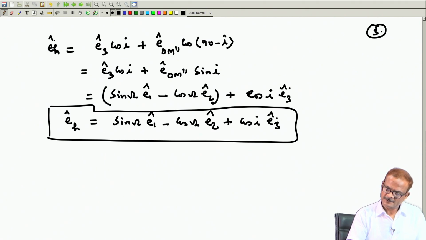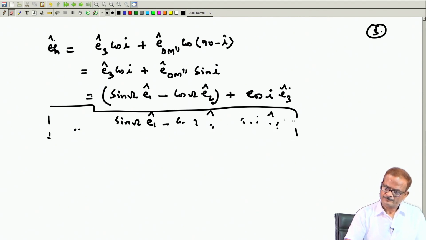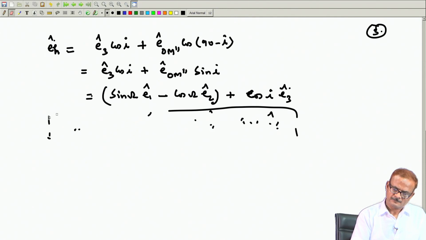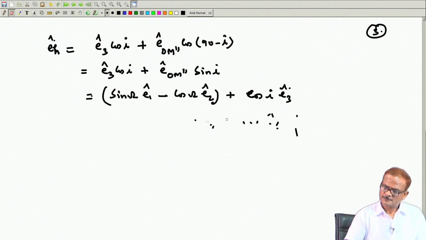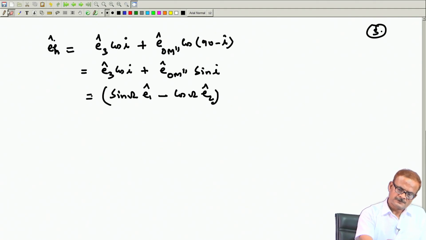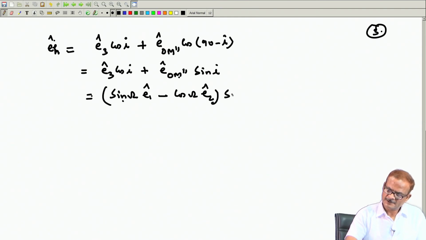And here this is multiplied by cos I. We have written here, one part we are forgetting, so I will have to rewrite it. See, we have this part we have written first, so sin capital omega E 1 this part, then this multiplied by sin I, this is the missing part, and then cos I times E 3 cap.